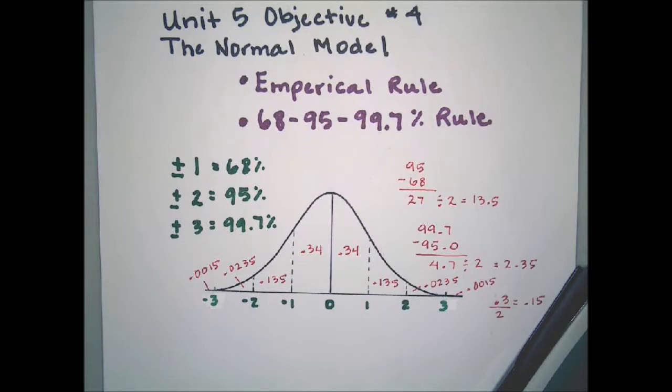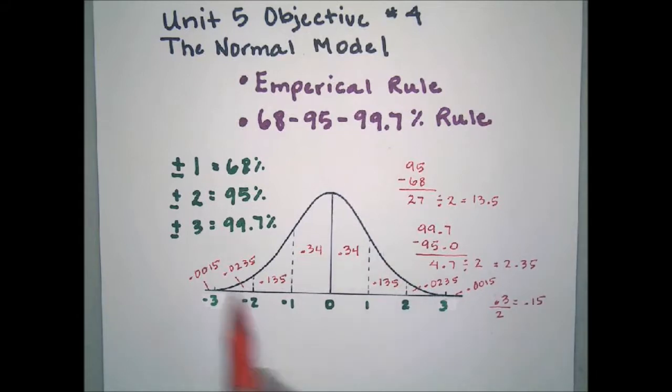Sure enough, it equals 1.0. So if you add up all the sections in this normal model, you have accounted for 100% of all the data. Now, this is going to be the building block of a lot of the analysis that we do later on in this worksheet.